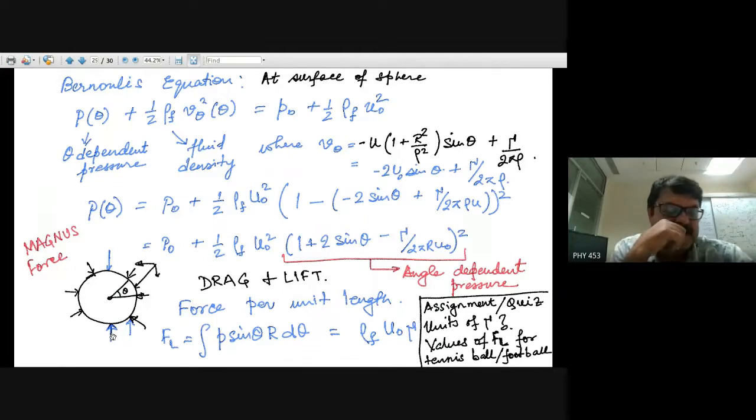But what should the direction be? If the pressure is more, why should it be in this direction? Well, I have to figure, just think a bit.